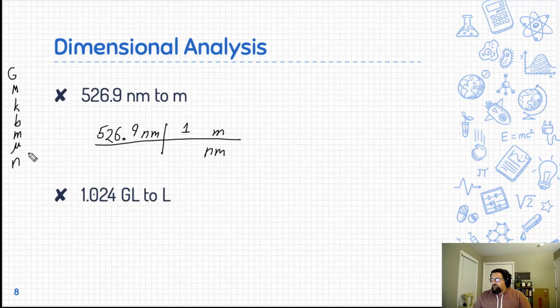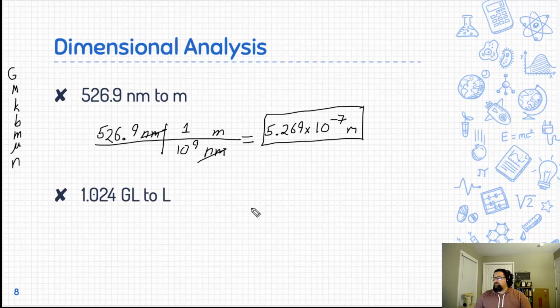So again, 3, 6, 9. So this will be 10 to the ninth. All right, and when you convert that, nanometers cancel out. 526.9 times 1 divided by 10 to the ninth, and we come out with 5.269 times 10 to the negative 7 meters.